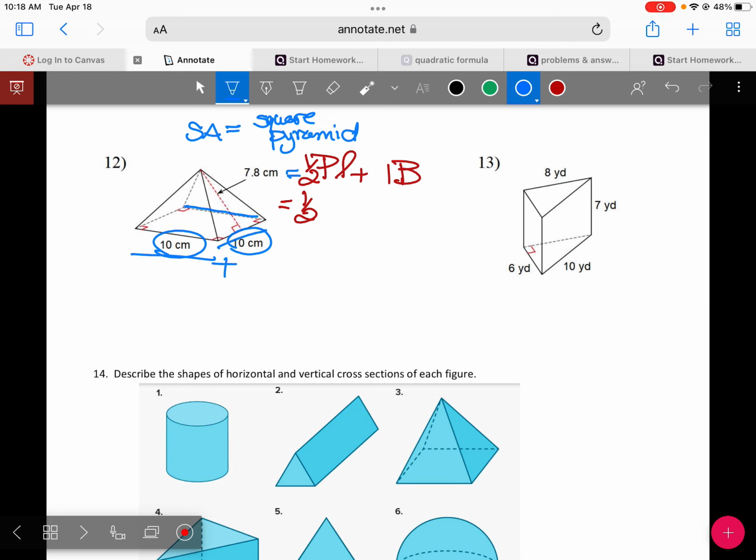What is this back length here? 10, and plus 10 because it's a square on the bottom. So that is a perimeter of 40 times, what does that cursive L stand for again?